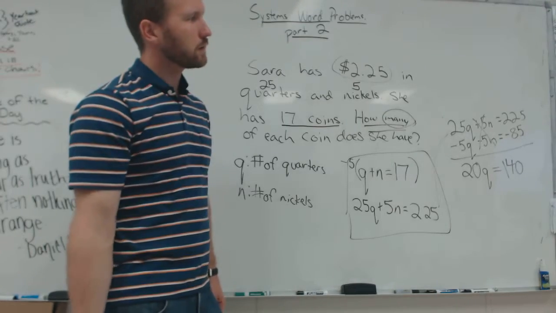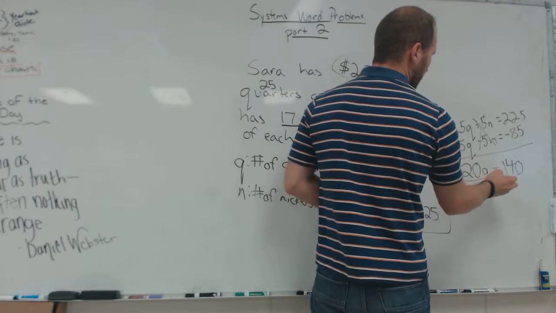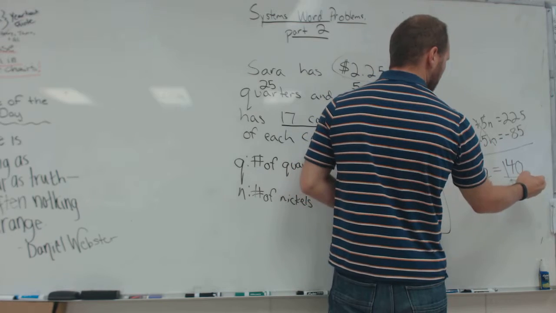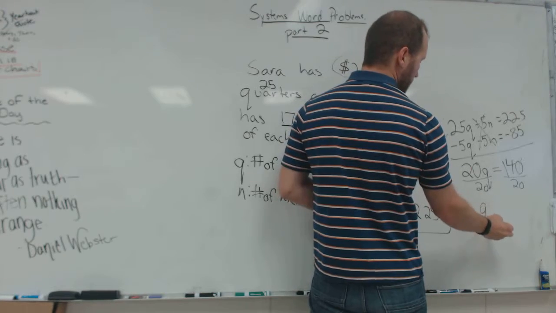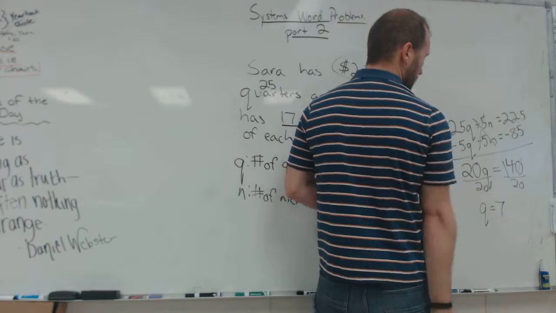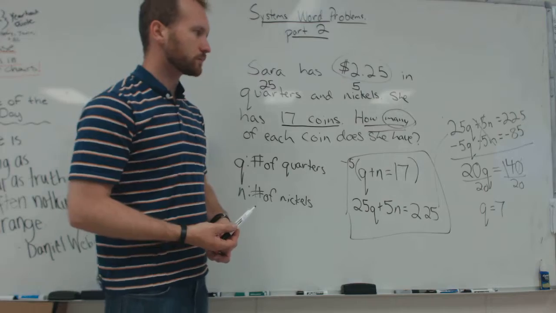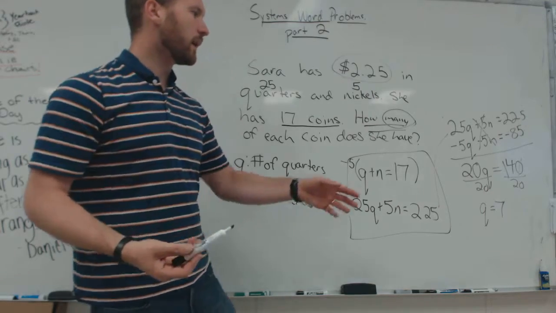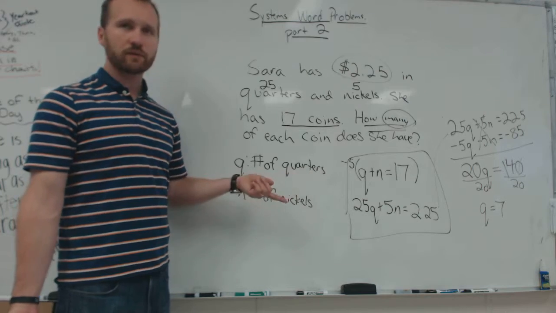We're going to divide both sides by 20, and it goes in 7 times. So we have 7, that's our number of quarters. So we have 7 quarters.